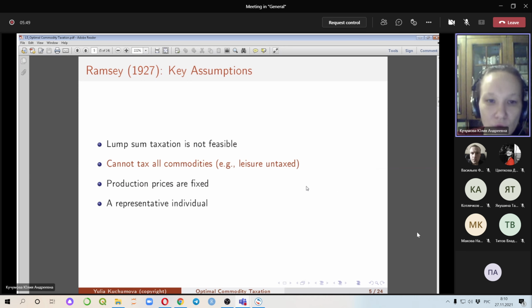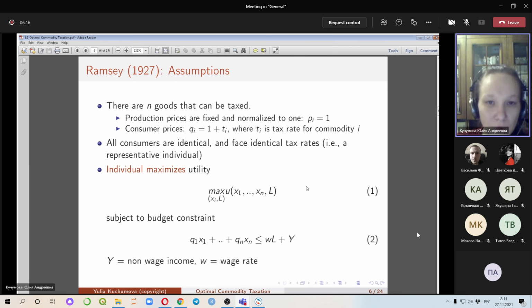So the key assumptions: there are no lump sum taxes, so we cannot tax all commodities. Leisure is always untaxed. Production prices are fixed, just for simplification, and we work in a representative individual framework. More specifically, there are n goods that can be taxed, and production prices, denoted by p_i, are fixed and normalized to 1.